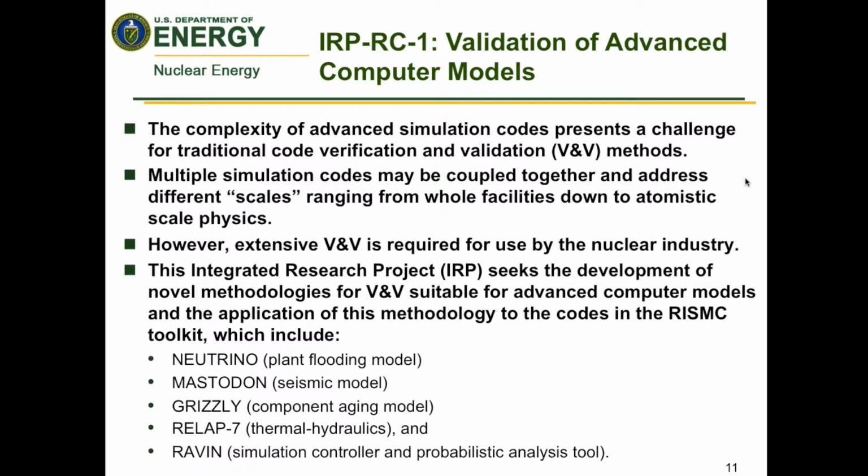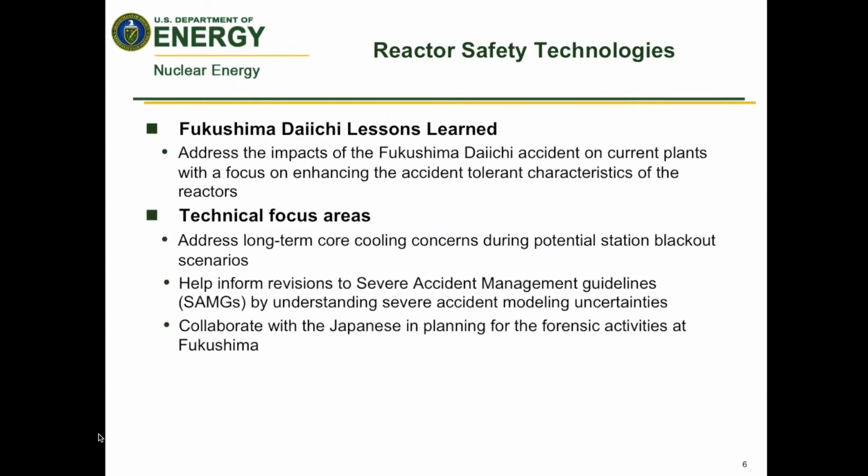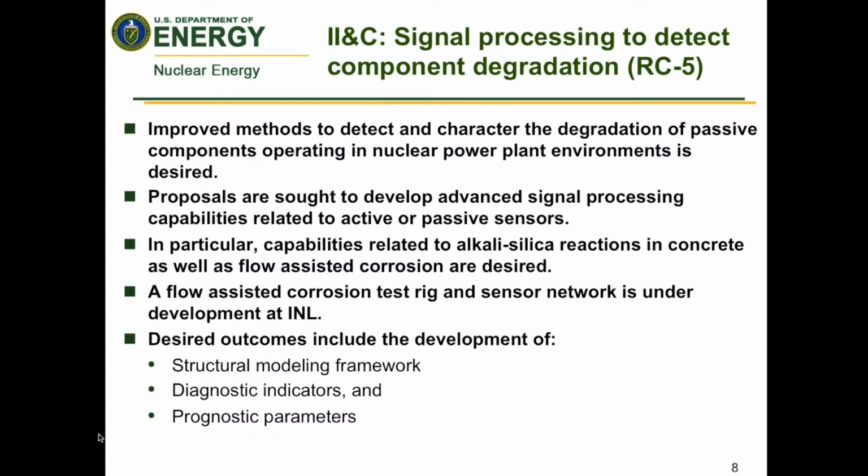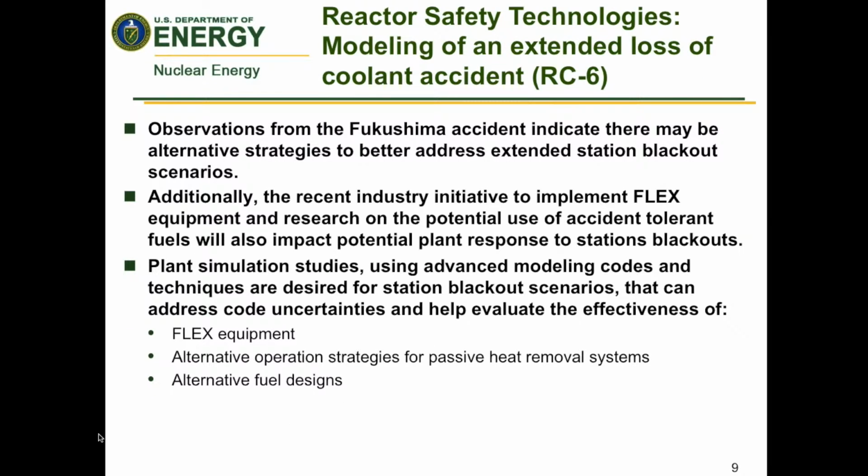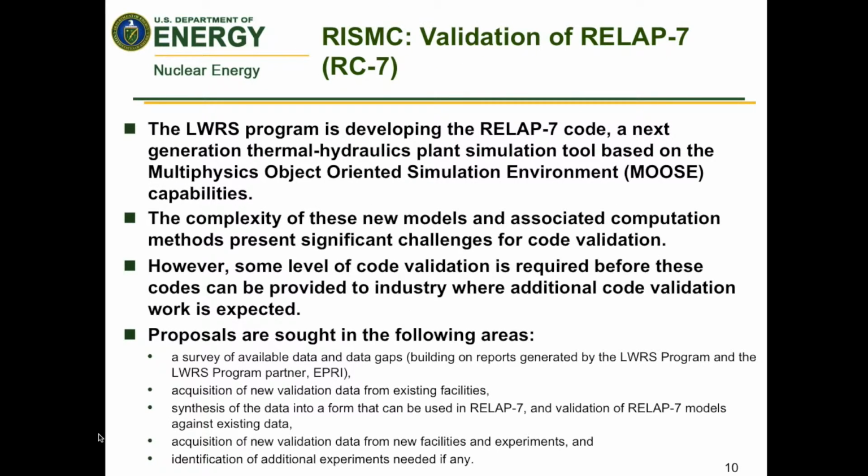What is the difference between this IRP and the RC4 through RC7 scopes? Well, I will point out one of the work scopes, RC7, which we'll talk about in a little while. RC7 is focused on the validation of RELAP5-7 specifically.